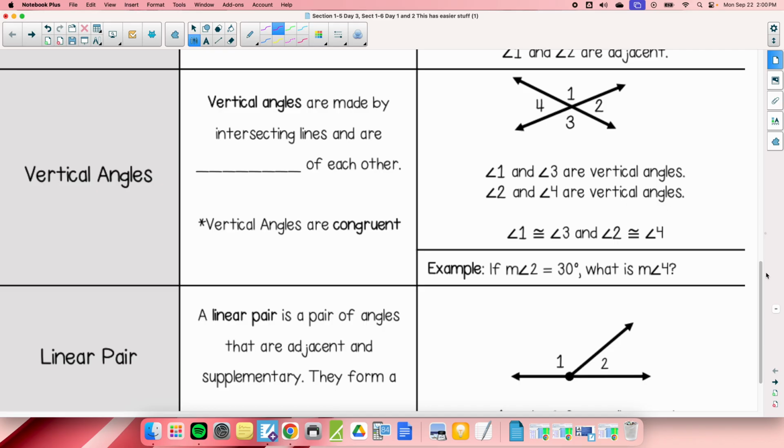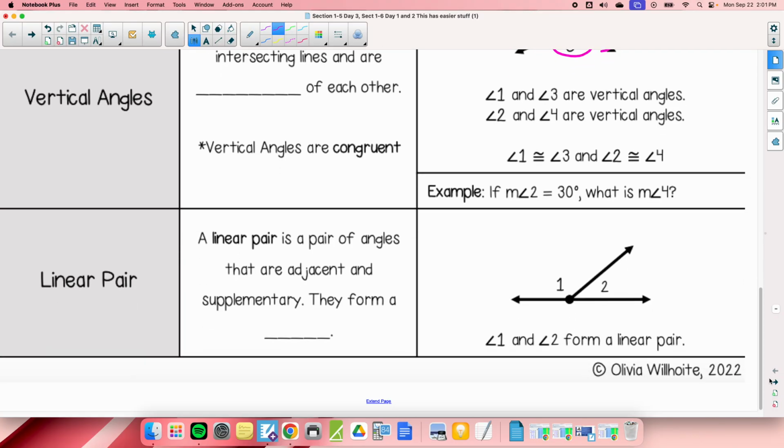They go vertical, so you have to do top and bottom. Yes. So, do you guys remember vertical would be like this angle and this angle? So if you have 2 intersecting lines, they're across from one another. So this and this are across from one another.